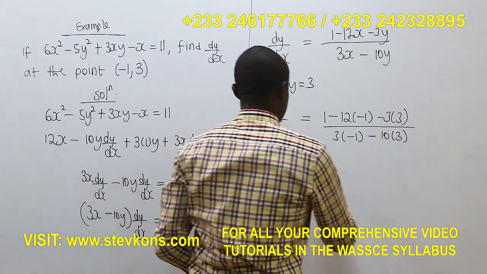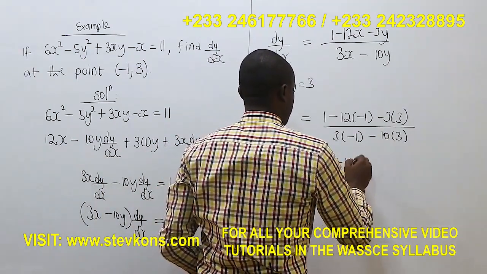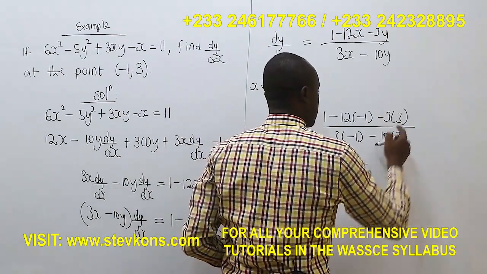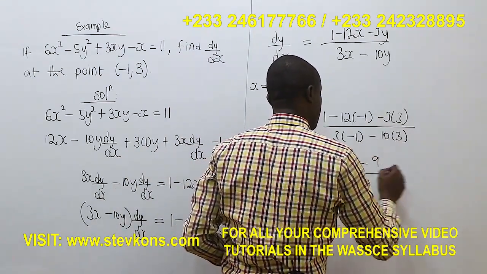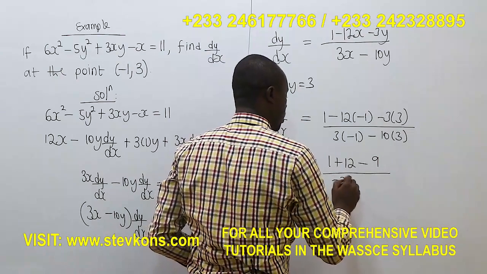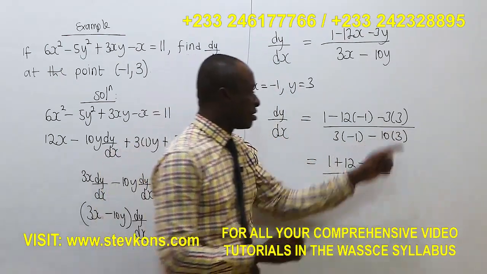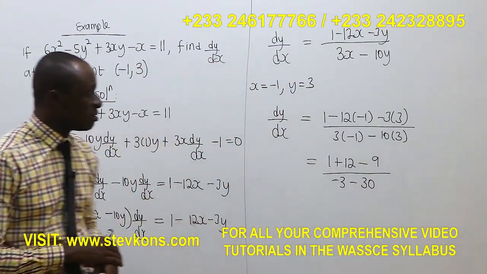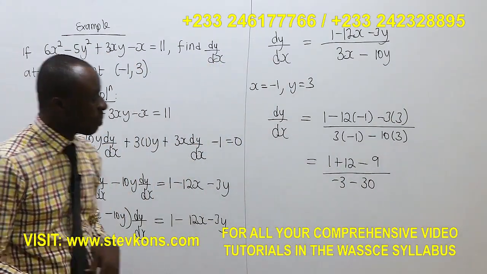And clearly we have 1 plus 12, make that positive. Now minus 3 times 3, that's 9, over, now we have 3 times negative 1, negative 3, 10 times 3, that's negative 30.